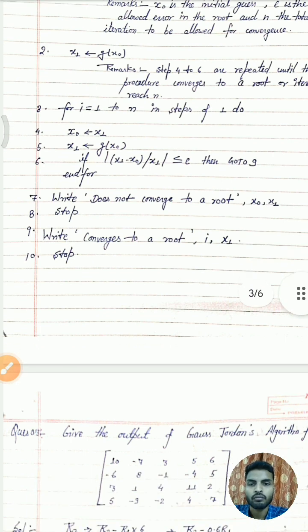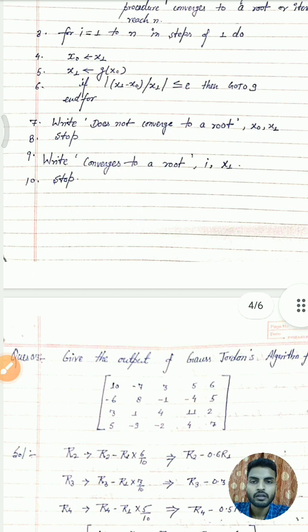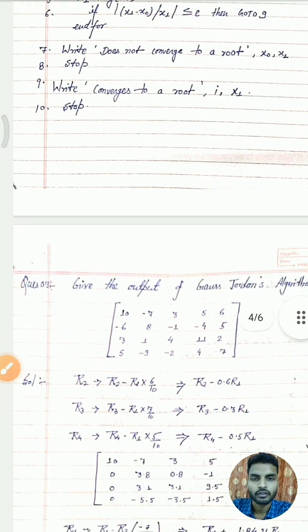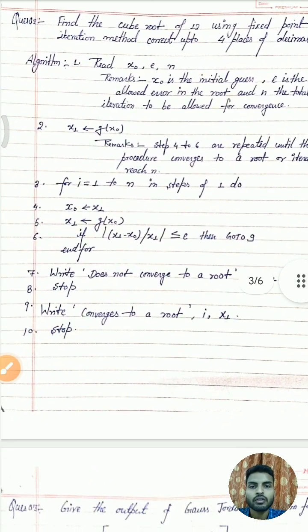Eighth step is stop. Ninth step: write converge to a root, with i and x value. Step 10 is stop the algorithm. This is the fixed point iteration method algorithm.